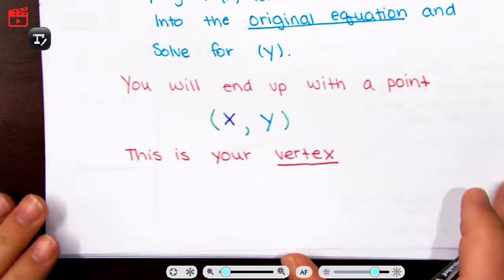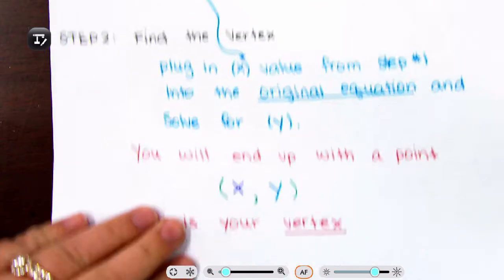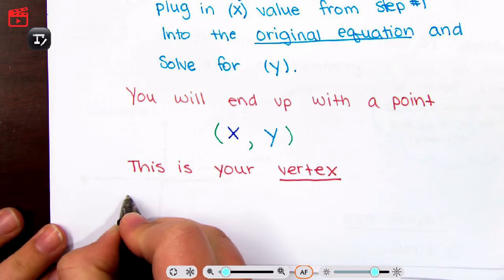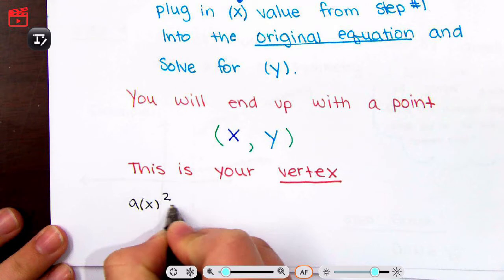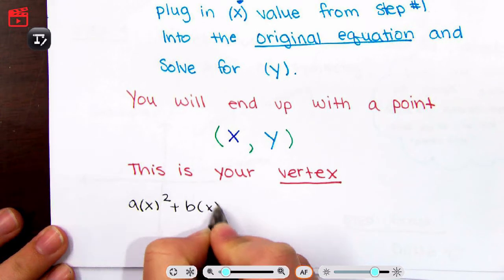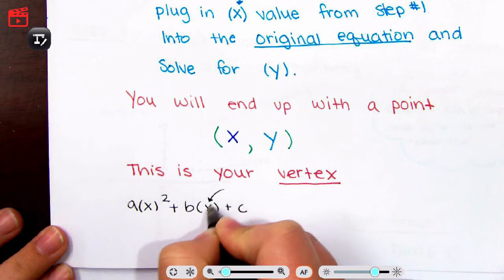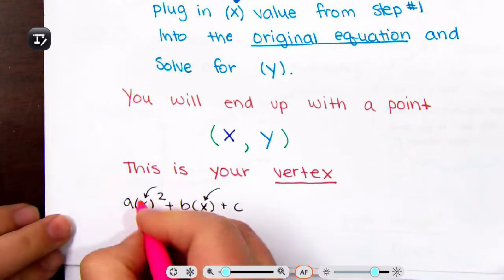So for example, let me actually shift this a little bit lower so you guys can see. This is what you would have. You would have your equation, and then inside for your x values, you would replace that with your number from step 1.